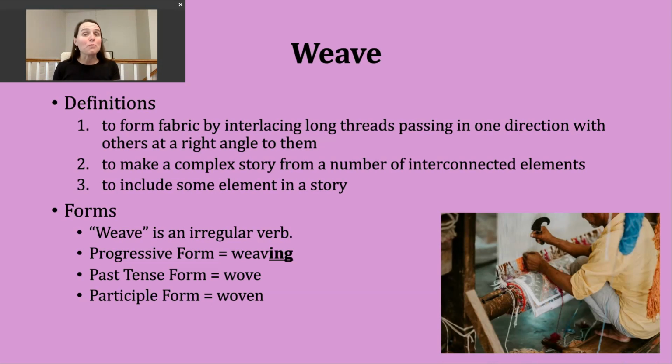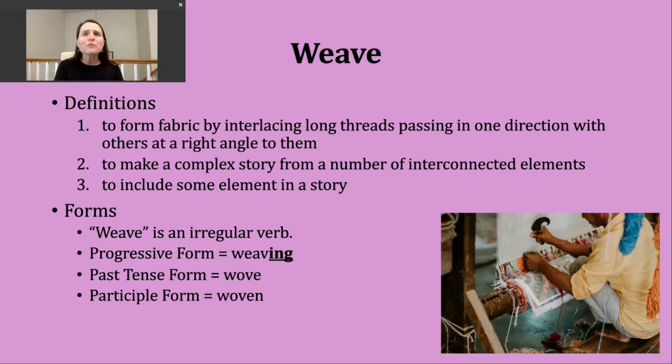A second way you might hear weave used is to mean to make a complex story from other interconnected elements. Sometimes, as we describe great writers, great storytellers, we'll use this verb to describe what they're doing by connecting different elements or maybe different points of view into a single story.